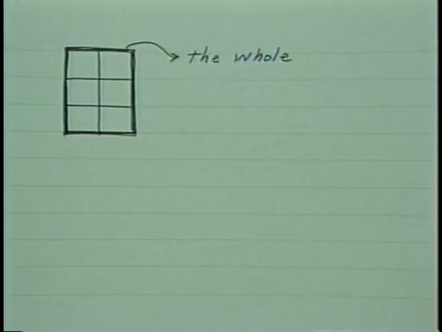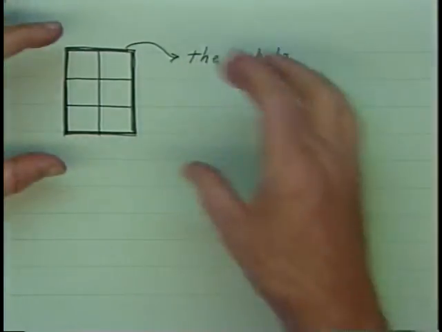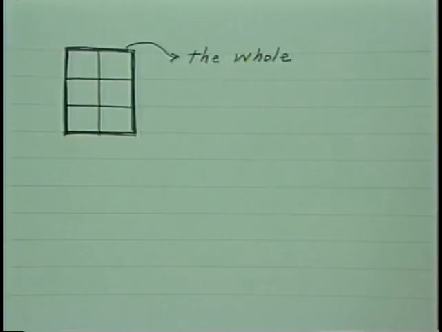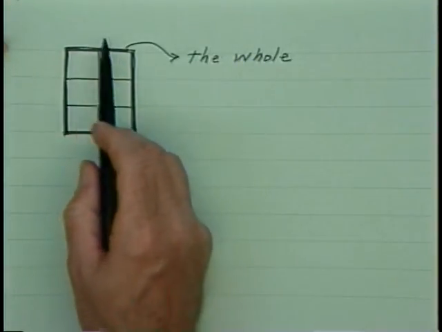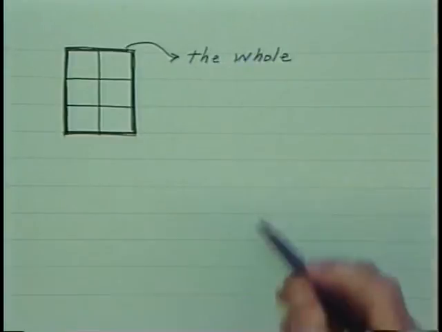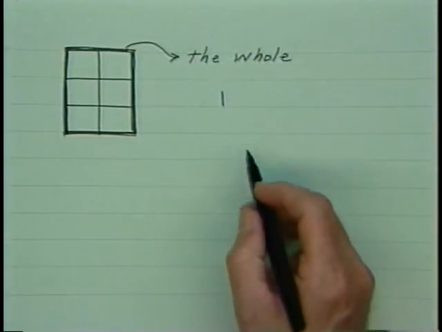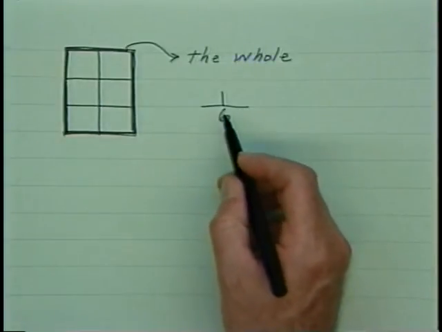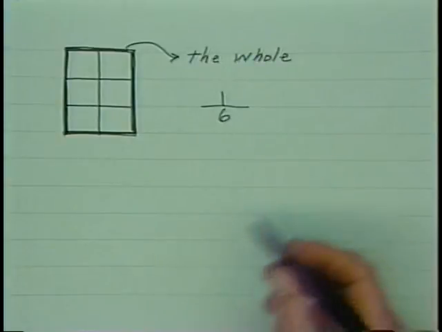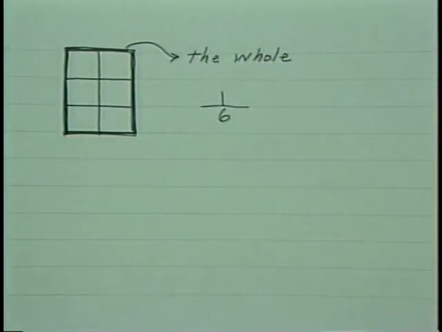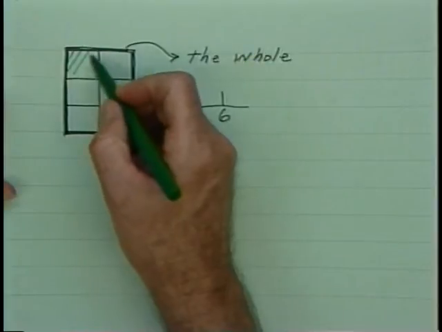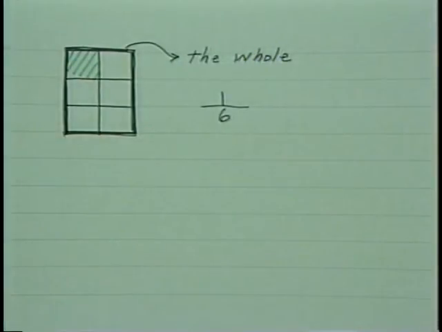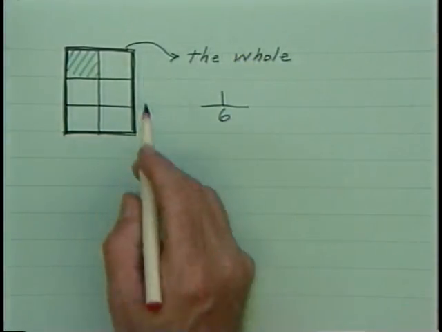Now, for a few minutes, let's anticipate the kind of situations that will come within the next few lessons. Let's let this be the whole. And let's take one of these subdivisions. So I want one part out of a whole consisting of 6 such parts. So we are taking 1/6 of the whole, which is this small shaded portion right here. However, note this. We could have divided this into even smaller subgroups.